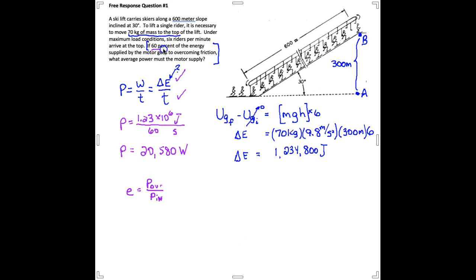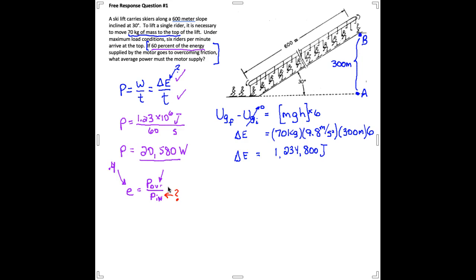If 60% is going into overcoming friction, that means our efficiency number here is only 0.4. The output power is what we need. That's 20,580. That's ultimately what we have to deliver to this system. So the question is, what does the power of this motor need to be? It's going to have to be bigger than 20,000.